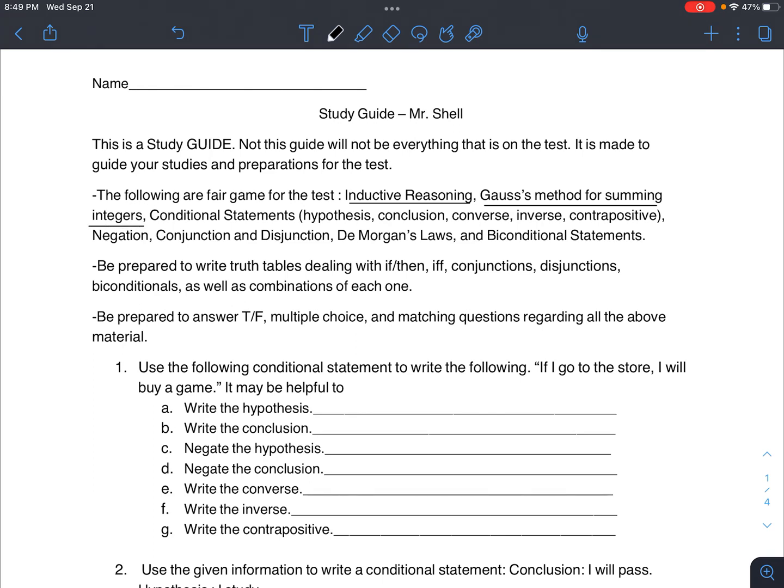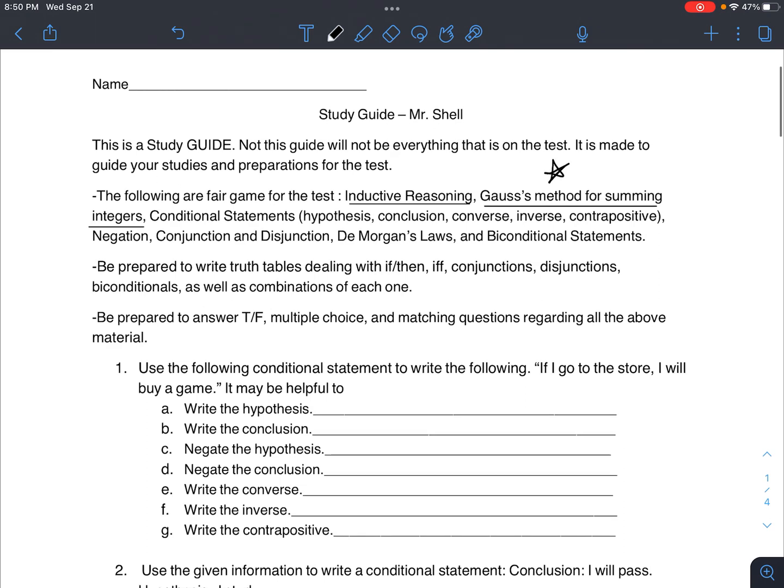If you don't remember this, this is most likely going to appear as a bonus, okay? I'm telling you that, but don't spend 3 hours memorizing Gauss's method for summing integers. I think it would be more beneficial for you to look at other things.